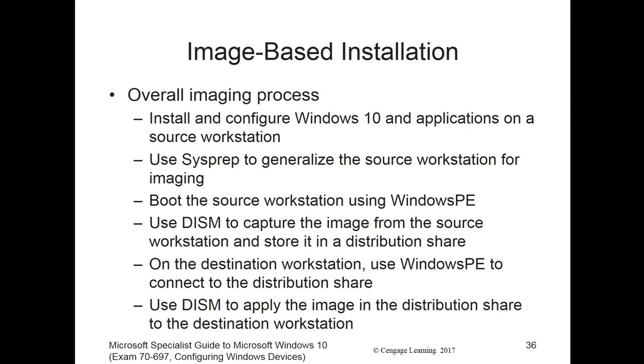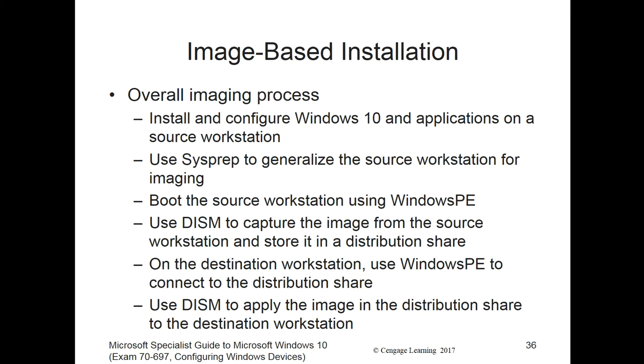Use Sysprep to generalize the source workstation for imaging, so it strips away all that personalization. You boot the source workstation using Windows PE. Use DISM to capture the image from the source workstation and store it in the distribution share.